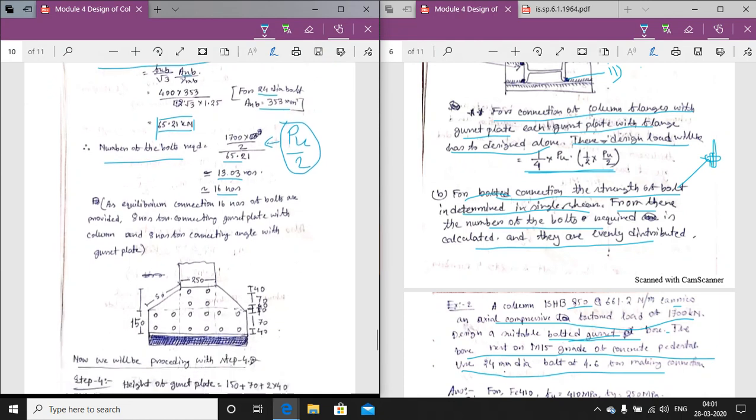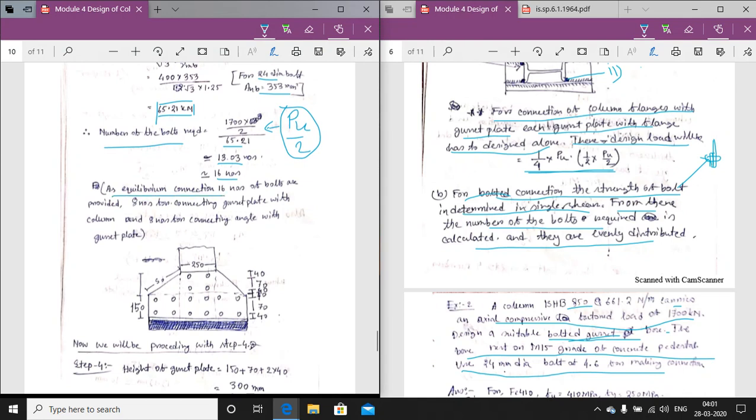So 16 bolts are provided, 8 for connecting the gusset plate with the column and 8 for connecting the angle with the gusset plate. These first bolts connect the gusset plate with the column, and these 8 bolts, 4 and 4, connect the angle with the gusset plate. So 16 bolts are provided.